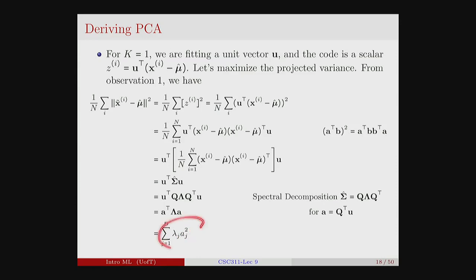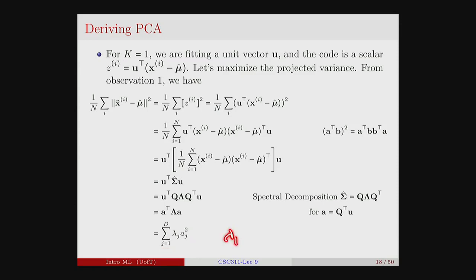Now let's just stare at this term for a bit. Our learning goal here is to fit a single vector u. I need to pick one vector u, and it has to be a unit vector, and it has to maximize the quantity on the left, which is the same as maximizing the quantity on the right. So what vector should I pick to maximize the quantity on the right? Let's say we had 3 elements in d, so a 3-dimensional space.